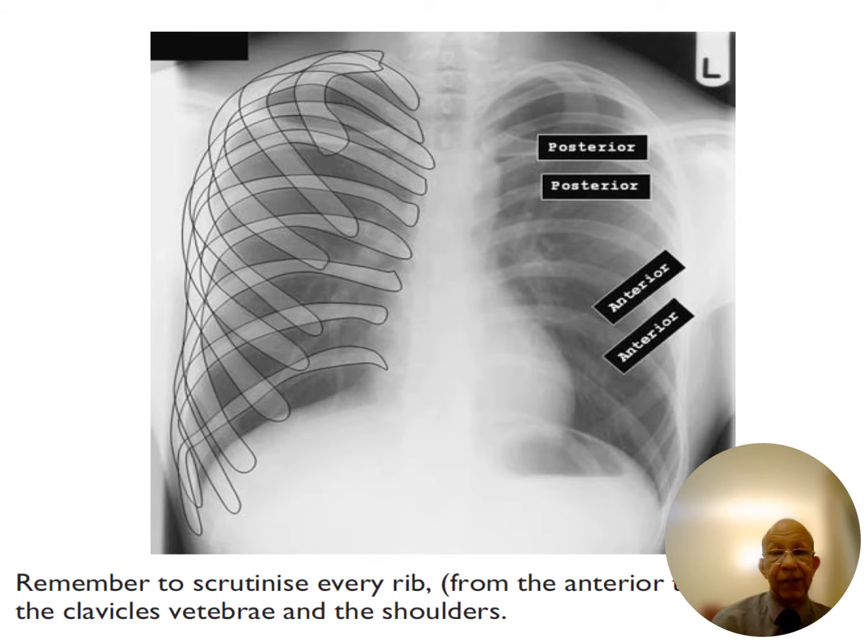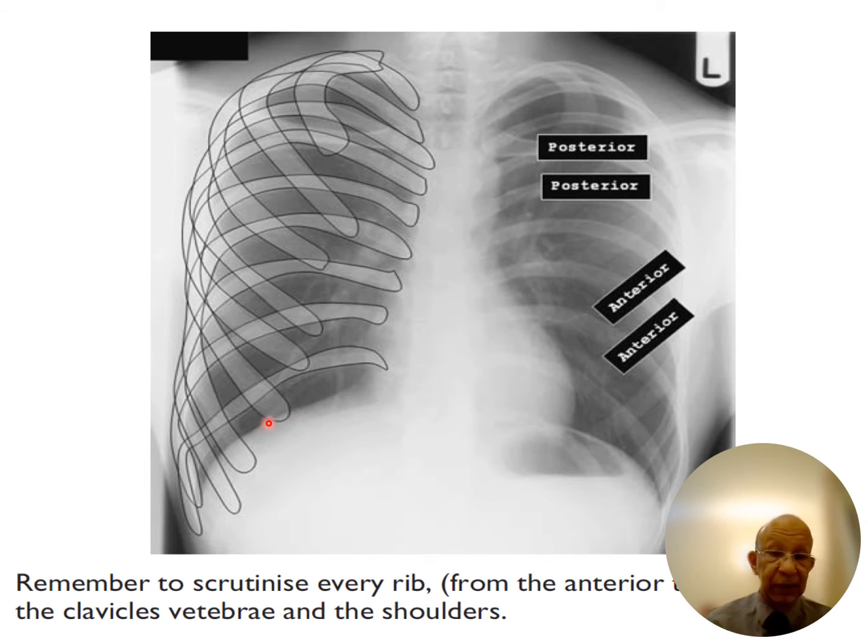Now the ribs, as I said, this is the anterior part and the posterior part of the ribs. In a patient with a good inspiratory effort, you will probably see the posterior aspect of the 9th or 10th ribs above the diaphragm.